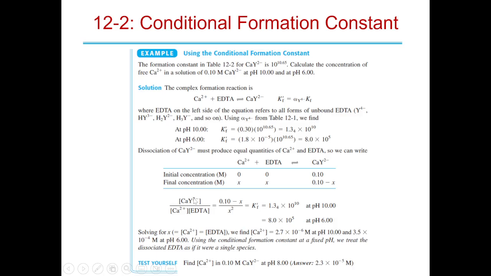We get our equilibrium expression. You will notice here the equilibrium expression has this complex on the top, because we're starting with the product of this, right? Be careful that you understand what a KF is. That tells you which direction this equilibrium is going. So KF is formation, right? Notice that this equation right here is formation, right?